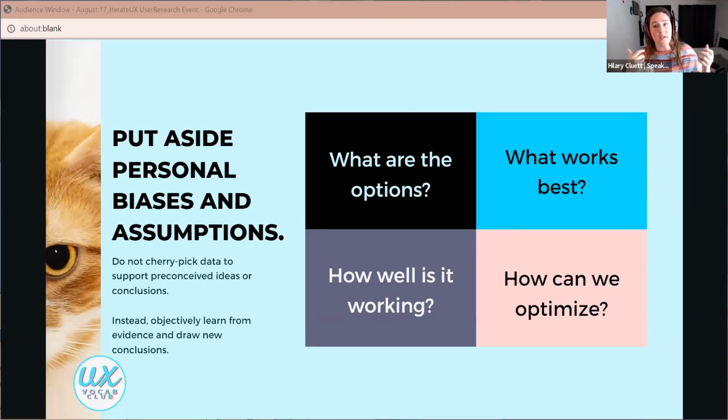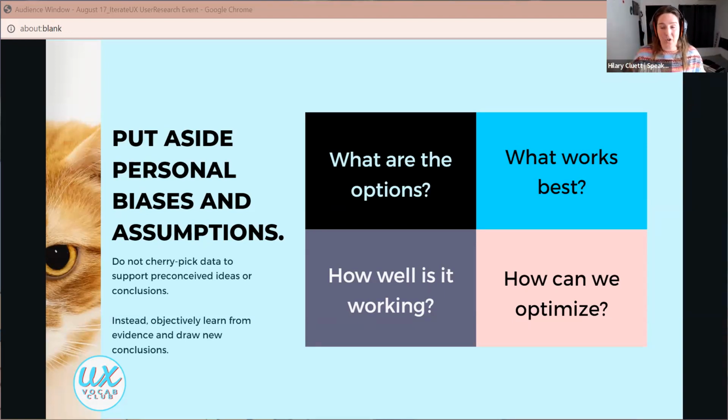So this can also be kind of a battle with, say, for example, the VP of students was like, no, we have to use Canva. Like we only have to use Canva. And then I'm coming at her saying, okay, well, look, this is what the students are saying.